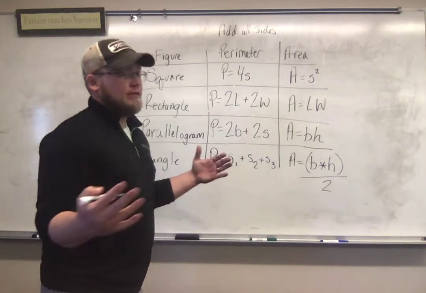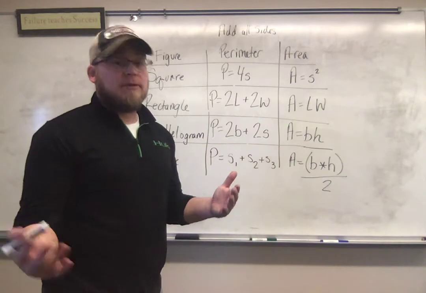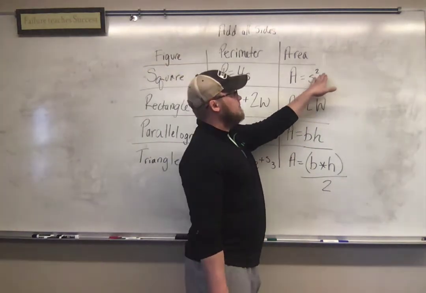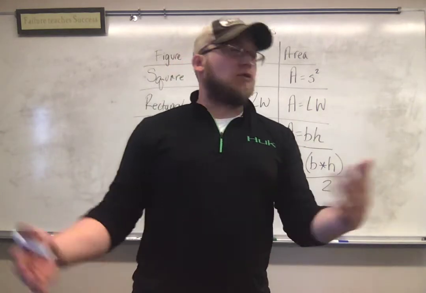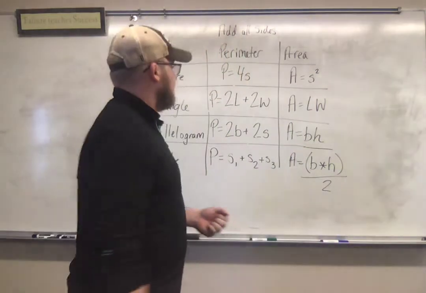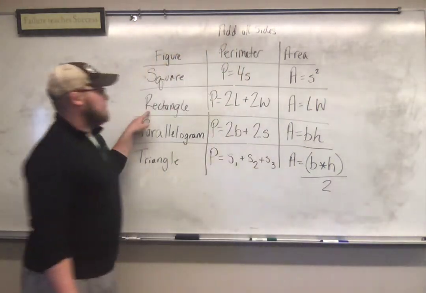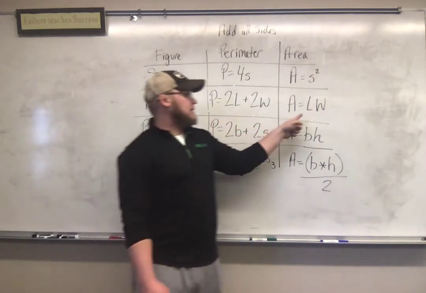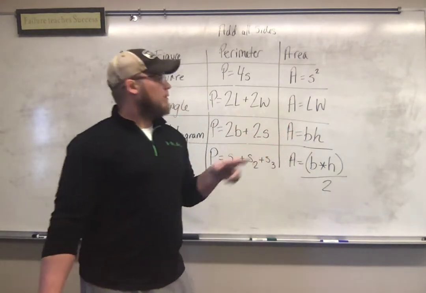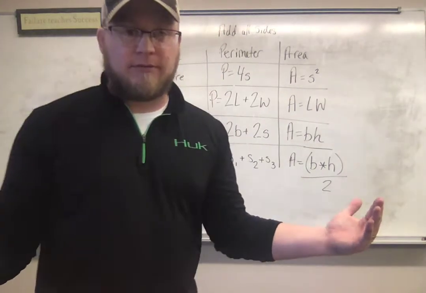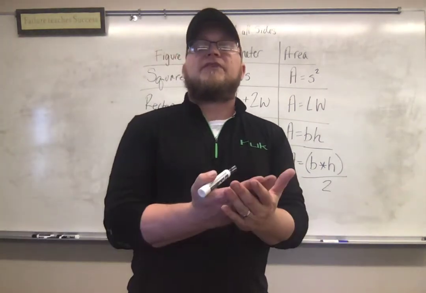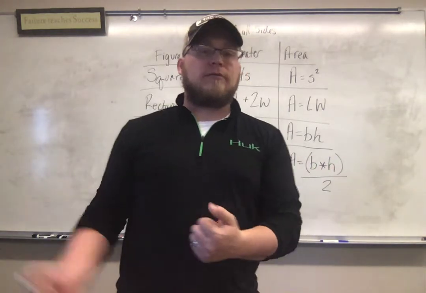So however long the side is, if it's 10, you take 10 times 10. If it's 5, you take 5 times 5. If it's 20, you take 20 times 20. Rectangle: the area of a rectangle is length times width. So you find the length, let's say it's 10, and you times it by the width, let's say it's 5. 10 times 5 would be 50, whatever squared.